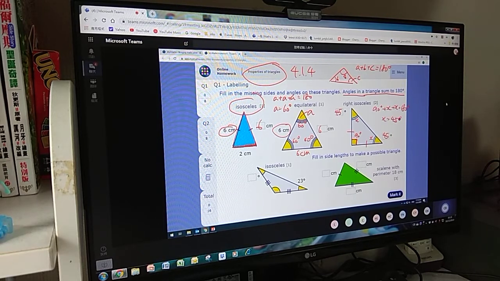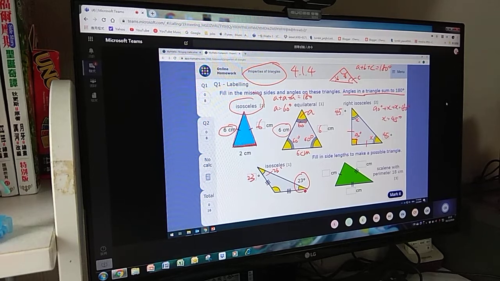S will be 45 degrees. So in this one similarly, if this is 23 degrees, this one is also 23 degrees. Okay, the 2 angles here are the same.